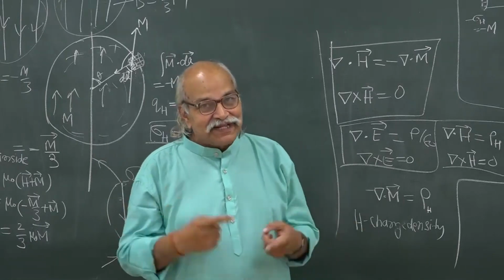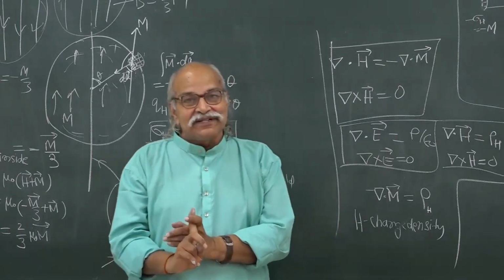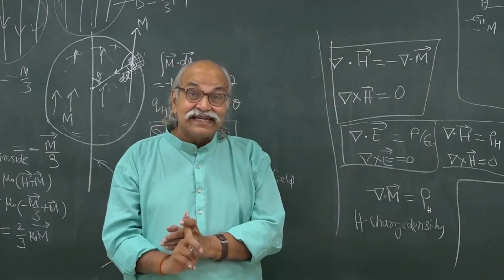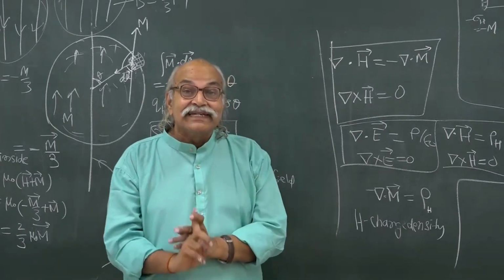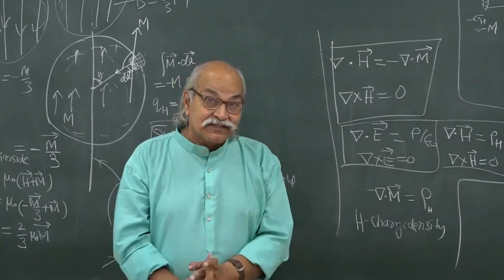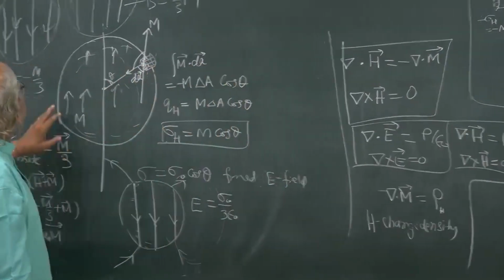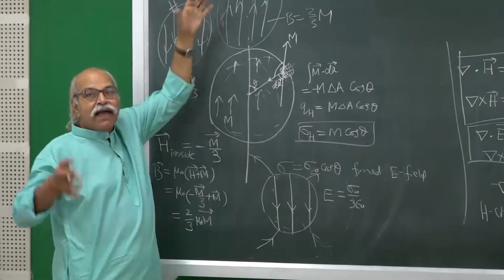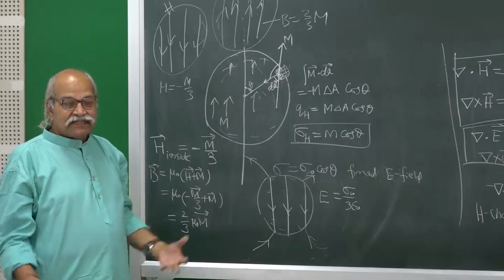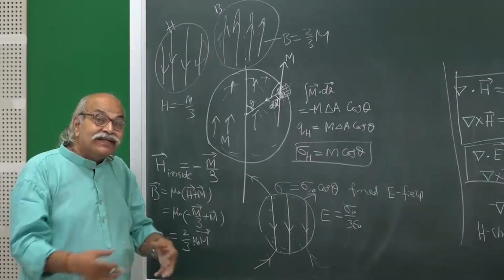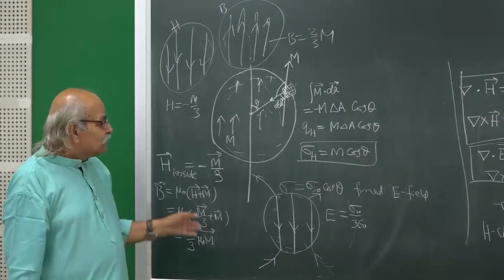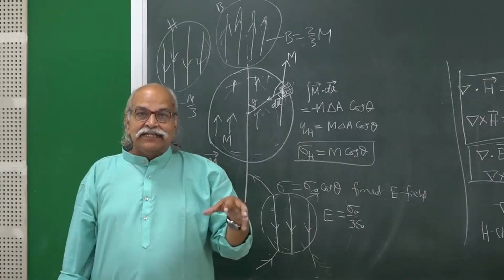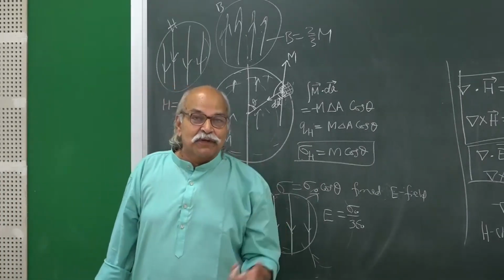But the second comment: this H charge is not there, it is our mathematical construction. The B field is real, the magnetic field is real, magnetization is real, but then we are constructing a mathematical quantity H, which is B by mu naught minus M, and then we find that this H has very good properties.